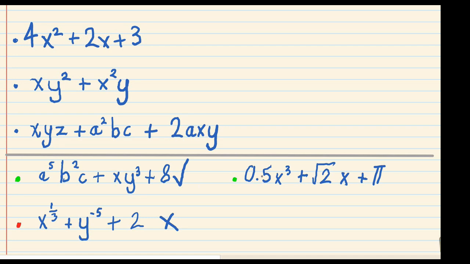So I use this example to demonstrate that. You have 0.5, that works. You have a root 2 here, works. And for the number at the end, you have a pi, that's also fine. It just needs to be a real number. So anything with a complex number, you wouldn't consider it a polynomial. By that logic, this also works.